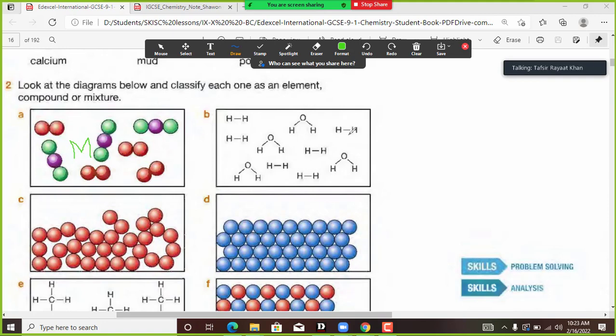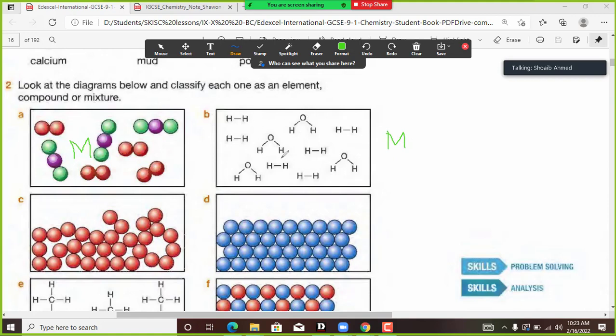This one is hydrogen and this one is water. B has water and hydrogen present at a time. So it's a compound, I guess? No, mixture.